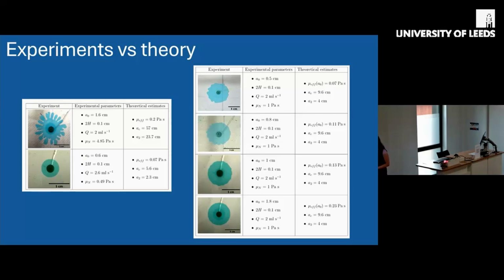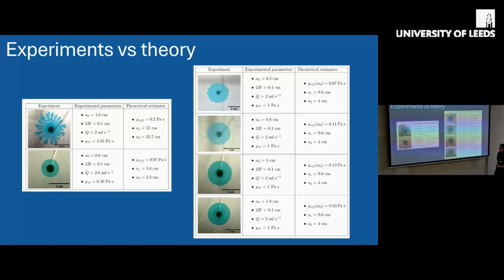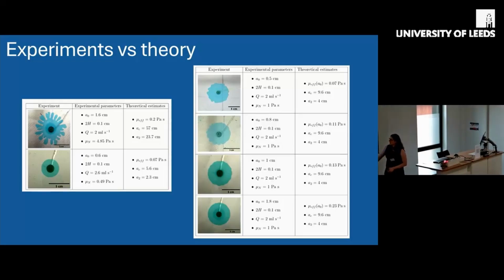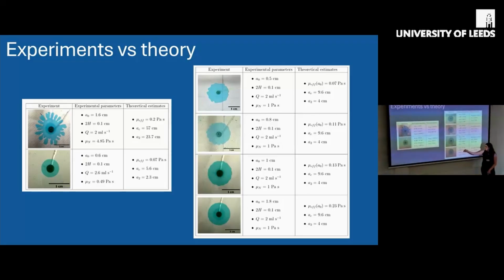And we did, but if you look at the last experiments, they don't seem to be particularly dramatic. We start off with a radius of 1.8 centimeters and we don't see anything so dramatic. But theory tells us that we're still very far away from the radius that determines stability at 9.6. This is just a feeling, but it seems a little bit odd that we're looking at something that's almost stable, but we're still so far away from that.